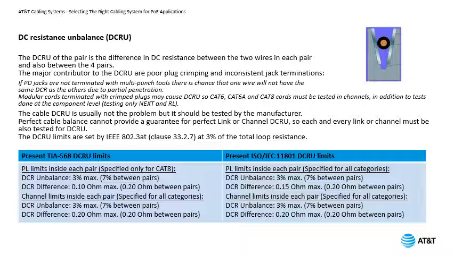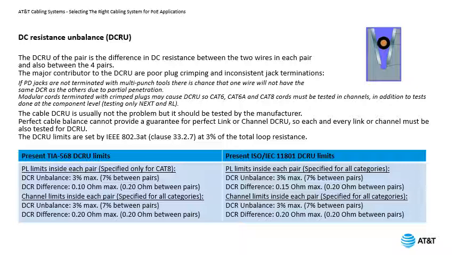The DC resistance imbalance limits are set by IEEE 802.3bt clause 33.2.7 at 3% of the total loop resistance. Similarly, ISO/IEC 11801 sets the exact same limits.